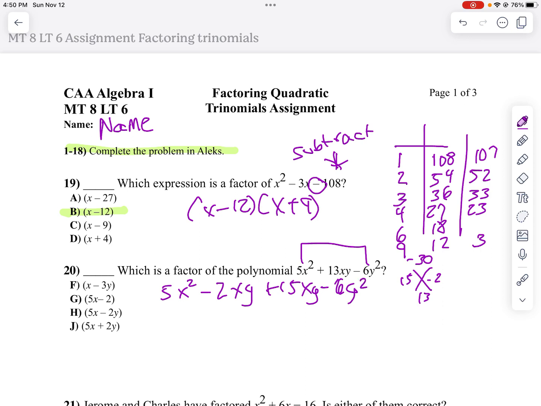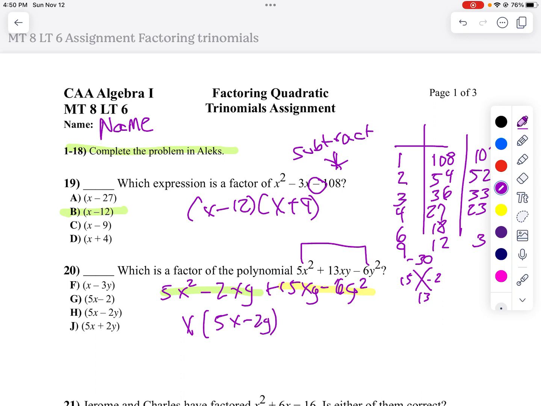Now factor by grouping. So I'll look at my first two, and then I'll look at the second two. And my first two, what goes in both of them will be x, right? So I get x, and then 5x minus 2y.